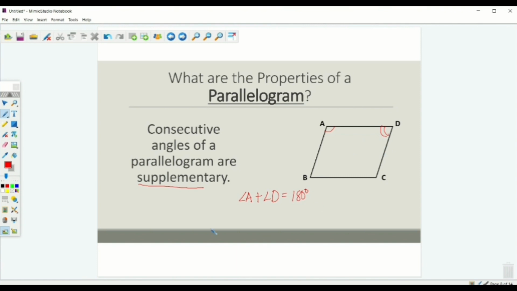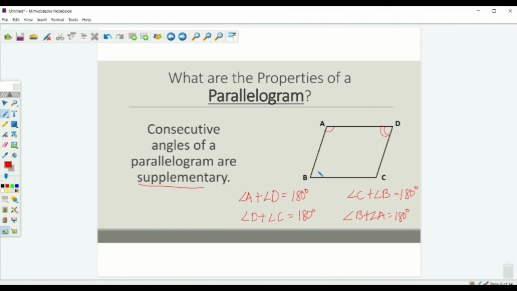Also, angle D plus angle C is also equal to 180 degrees. The same with angle C plus angle B, that is also 180 degrees. And lastly, angle B plus angle A is equal to 180 degrees.